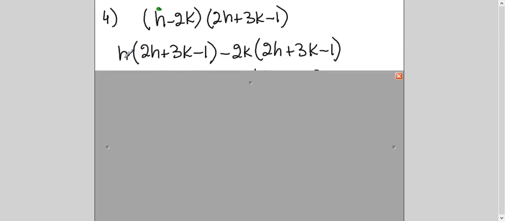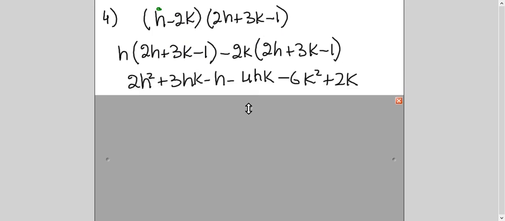This is what I will do. So h multiplied by 3 terms, I have written here separately. You can do it directly also. You can skip this step. So I'll show you in the next step. And then minus 2k multiplied by all 3 terms in the next bracket. So simple multiplication, the way I have just explained in the previous one.